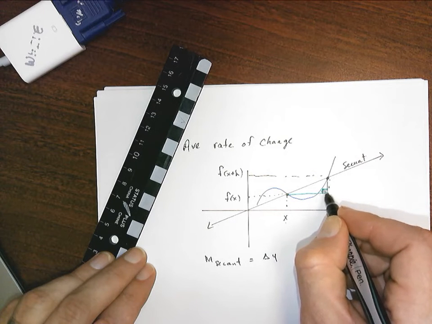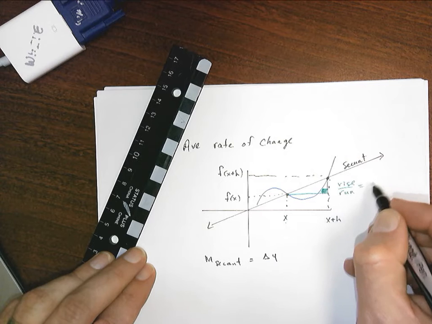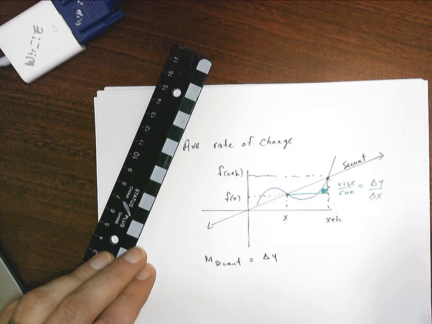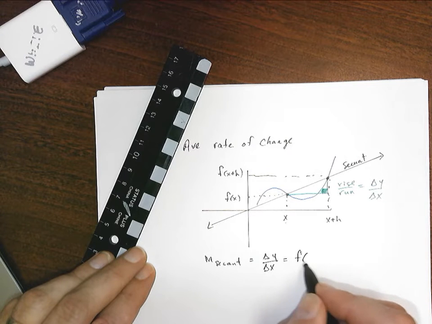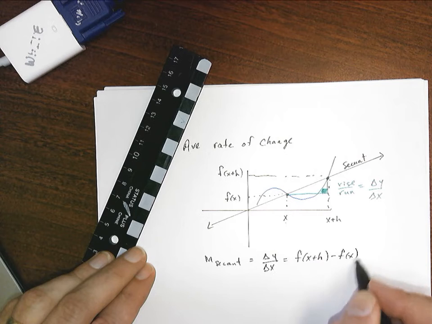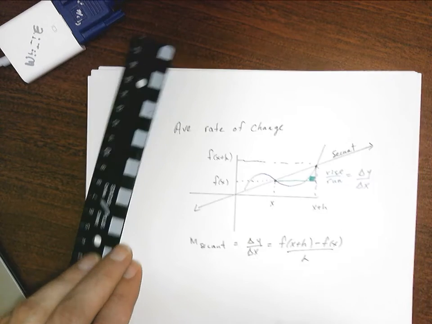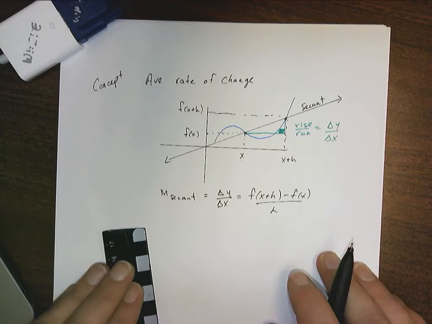Okay, there's your rate triangle. So it's rise over run for slope, which is delta y over delta x, equals f of x plus h minus f of x over top of h. So that is your difference quotient. That's your slope of the secant. That was concept number 1.